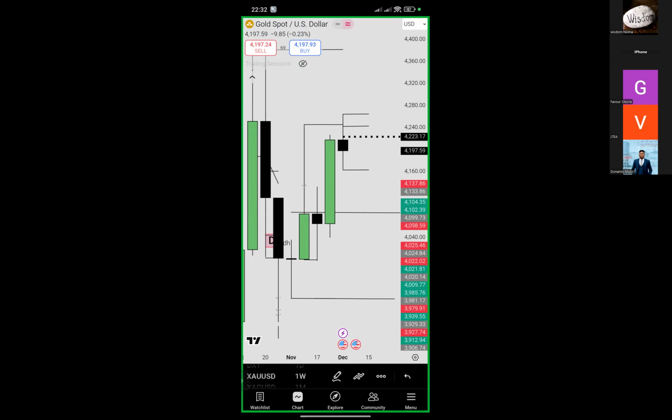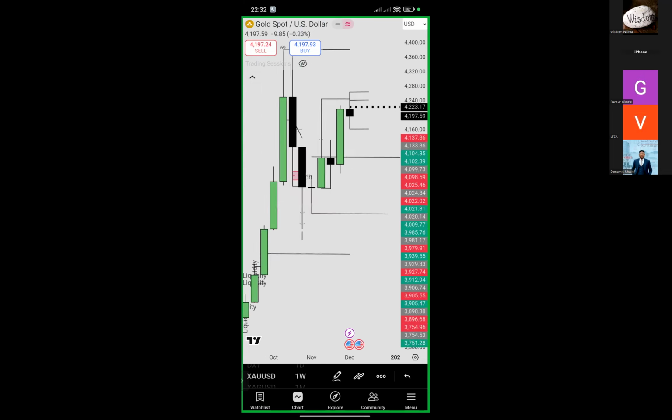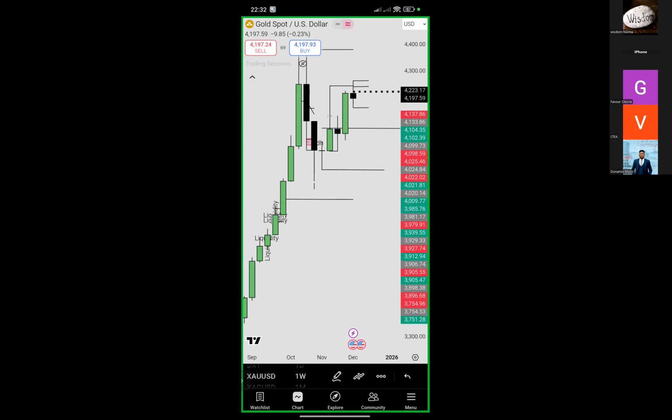Squeeze your chart in. That last line, which is the October low, the down one. Yeah, you can take that one out, it doesn't matter.